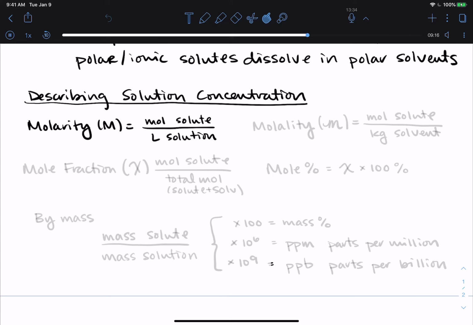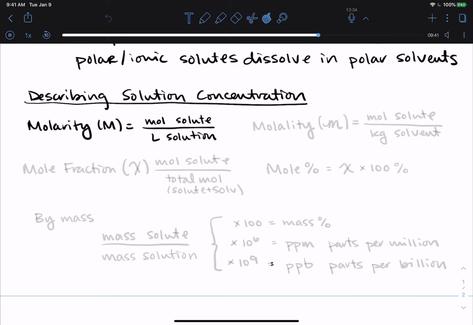This is why when you are in the lab and you're making solutions of specific molarities, you are dissolving all of your solute in a little bit of solvent and then adding the rest, because you're looking for the total volume of the solution, including the solute. All right.